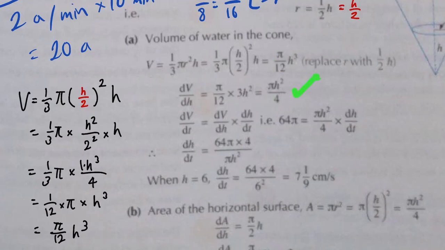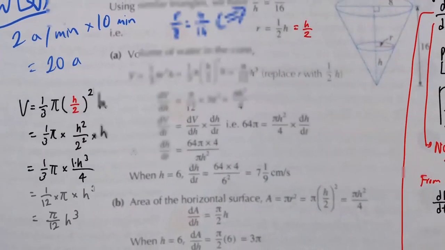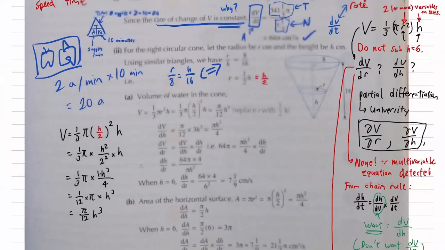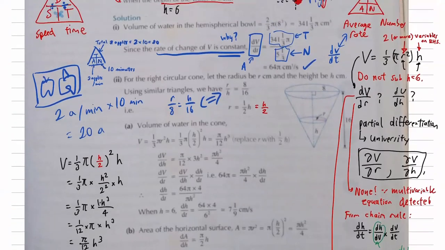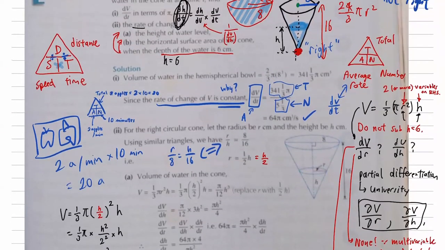Okay, so now we can just, this one they did a different way. I like to do it my way, which is to start with the conclusion. What do you want? dH by dt, right? So here's how I do it.